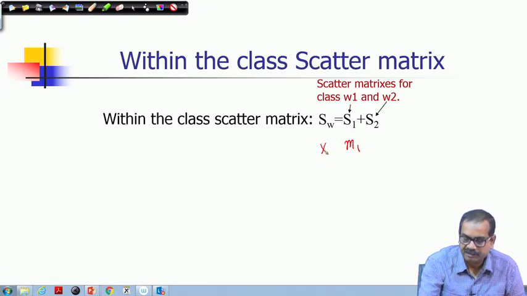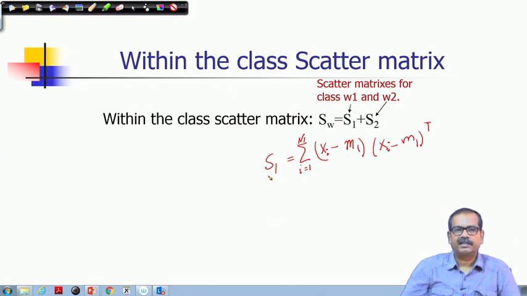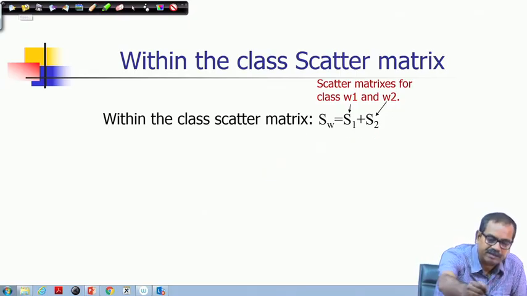Then the vector x minus M1 into x minus M1 transpose, summed over the ith component, and if there are n1 samples in S1, you have xi minus M1 into xi minus M1 transpose, summed. That is what S1 is. Similarly, you can compute S2 and add them, which gives you the within-class scatter matrix.